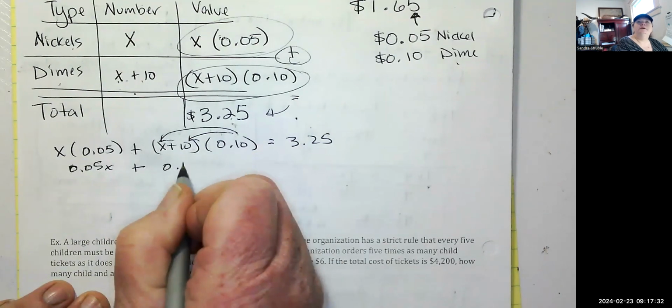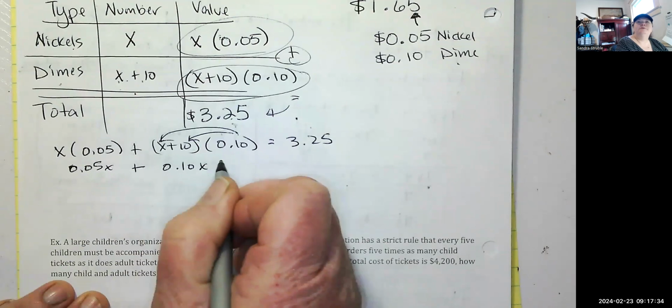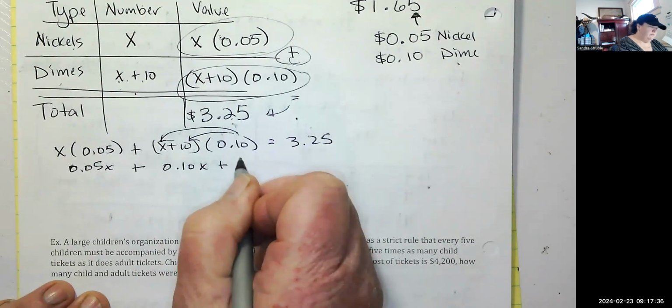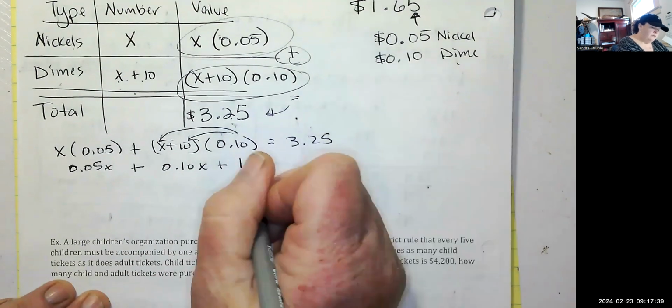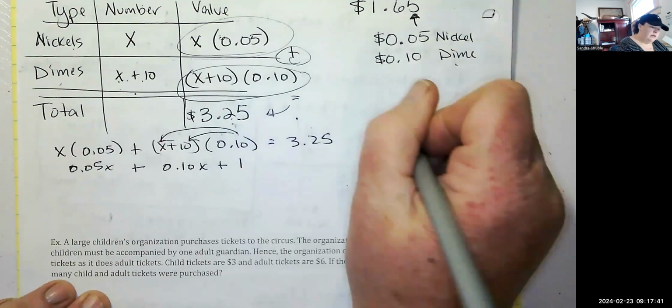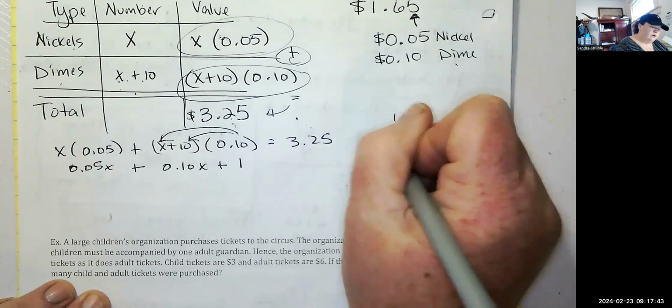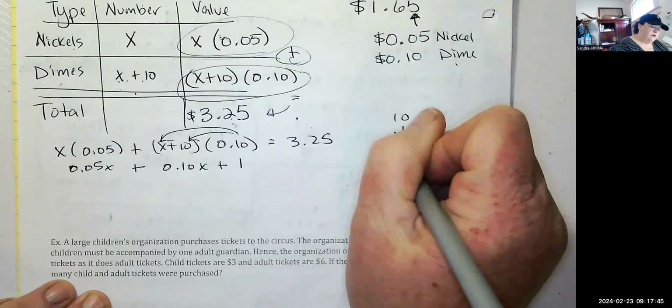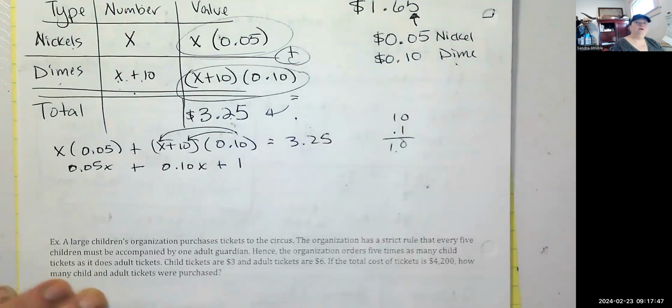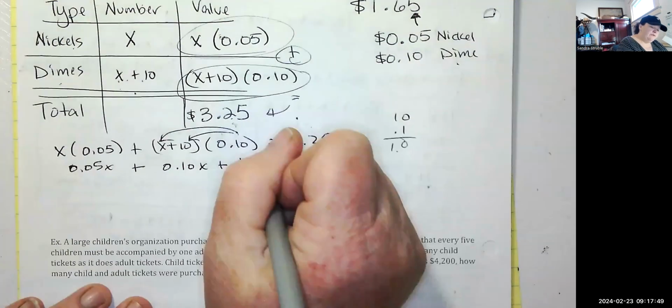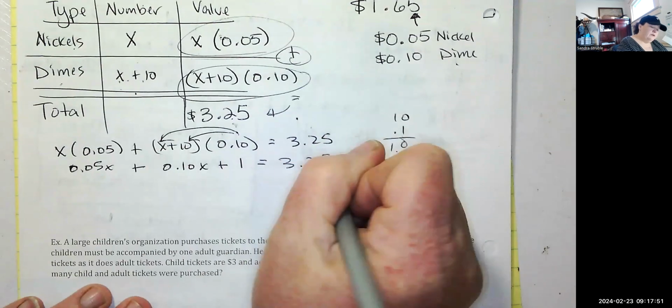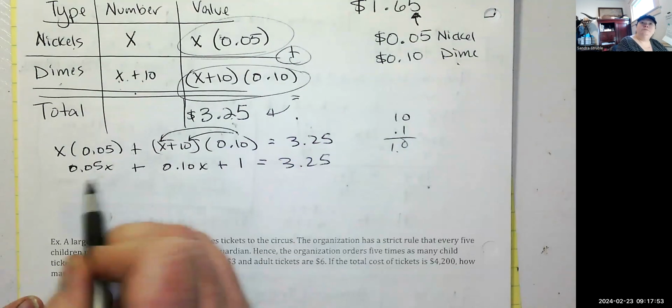So that's 0.10x plus 100 is 10 times 0.10, so that's 1. All right, and that's equal to 3.25. We can combine like terms.